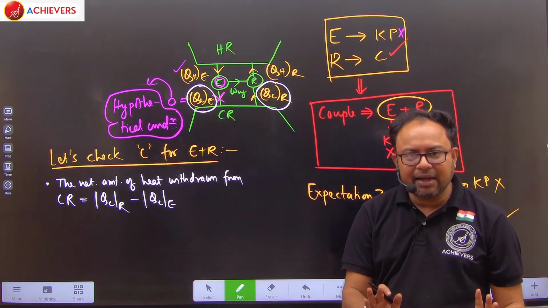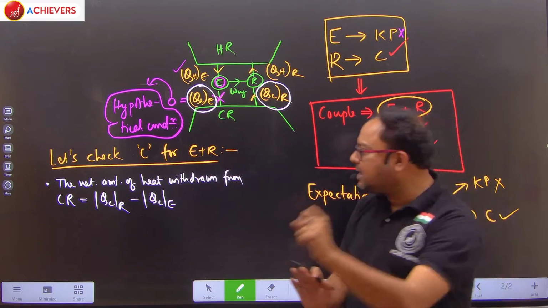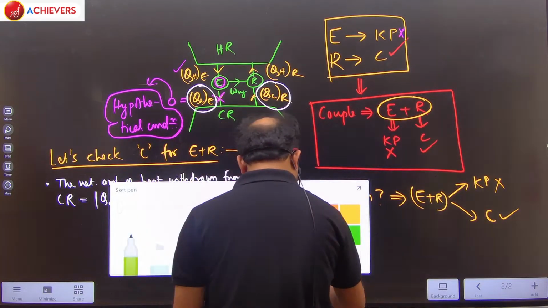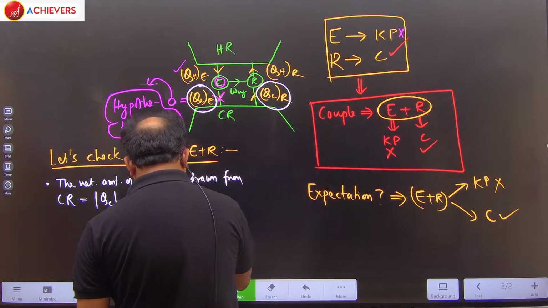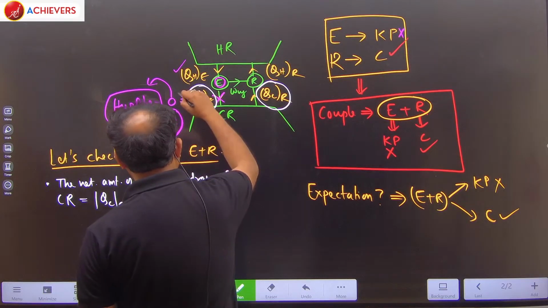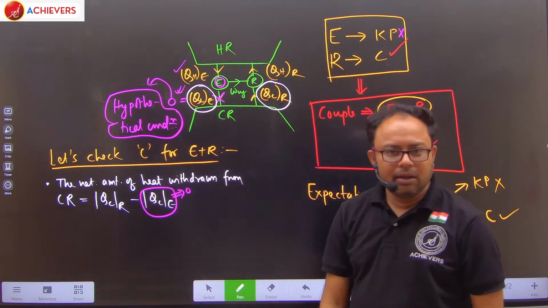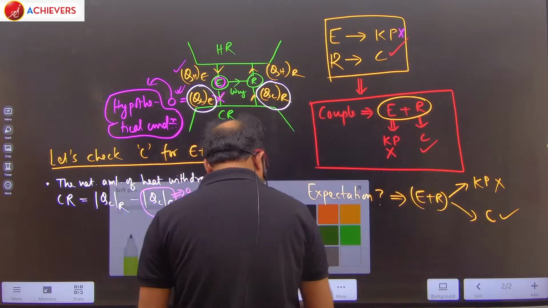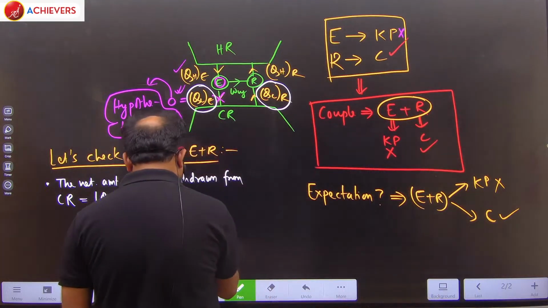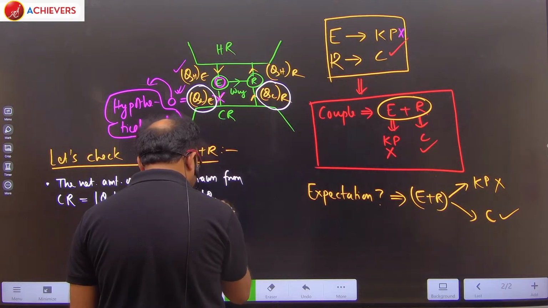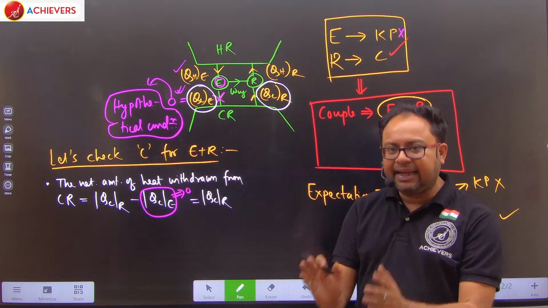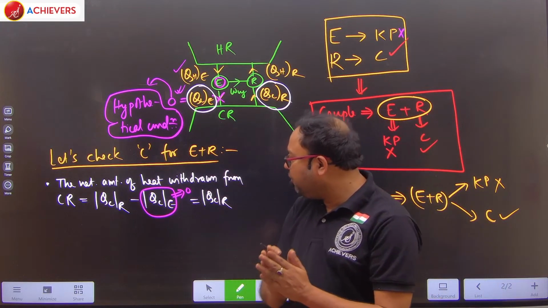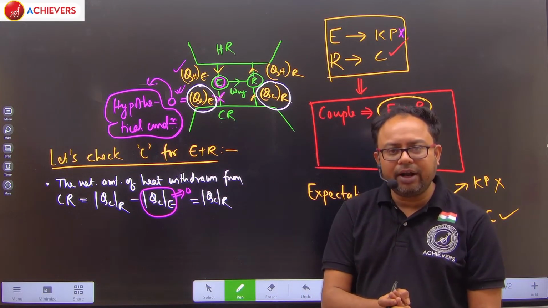As simple as that. But in this case, we know that this particular parameter mod of QCE is 0. We have applied this hypothetical condition. So if we do so, then this amounts to mod of QCR. So this is the net heat withdrawn from the cold reservoir.